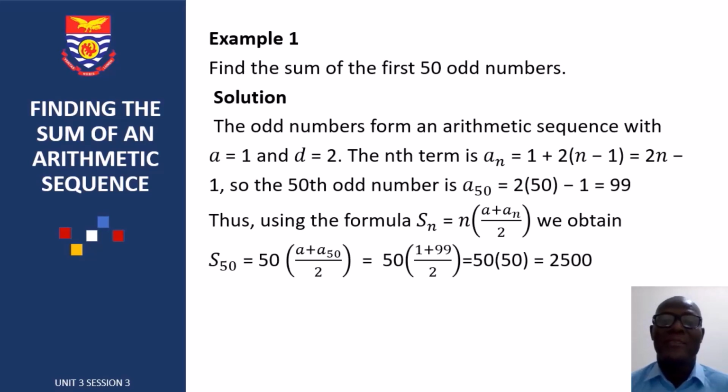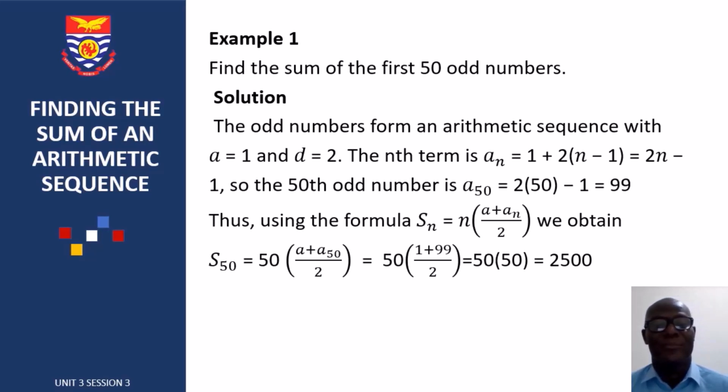And that is 1, 3, 5, 7, 9, 11, and so on, up to infinity. From that sequence, we know the first term A is 1, and the common difference D is 2.